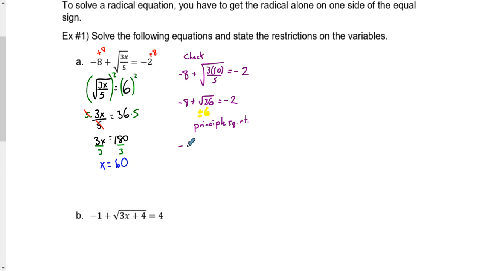So then our question becomes negative 8 plus the square root of 36, which is just 6. And yeah, negative 8 plus 6 is definitely negative 2.